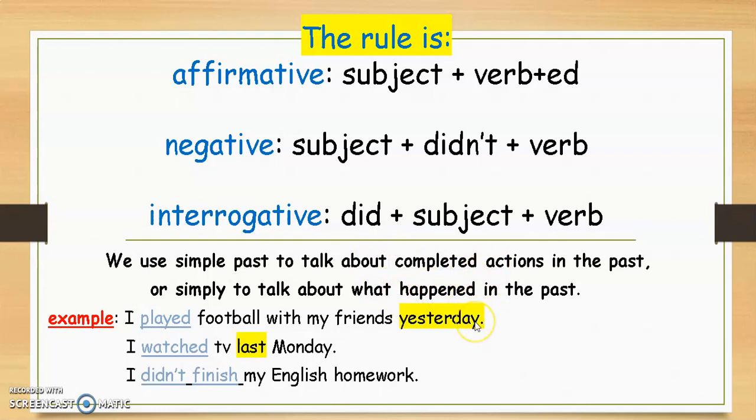So we talk about something, for example, today is Tuesday. For example, we talk about what I did yesterday on Monday. For example, yesterday I watched TV, or I played with my friend, or I revised my lessons, etc. So we only add ed.